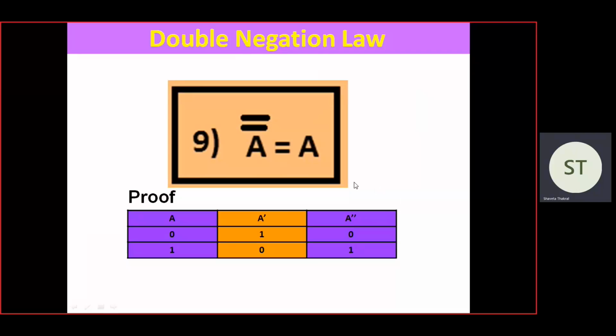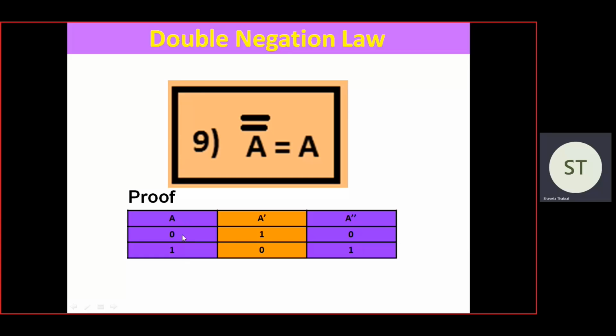Then the double negation law. The double negation law says that if we take complement of the complement of any variable, that is equal to the true variable. So the complements will get cancelled out and we have the true variable here. We can verify this theorem as A can be 0 or A can be 1.